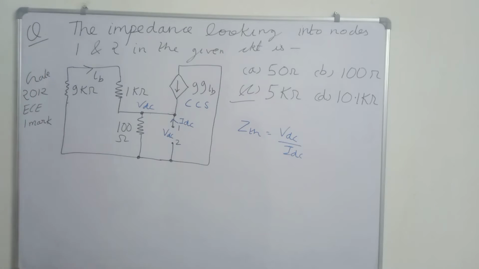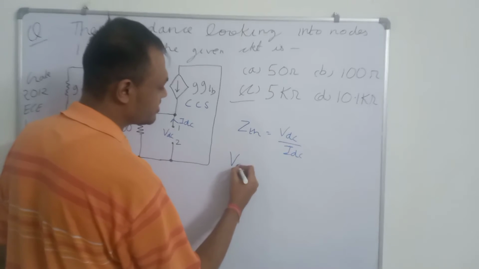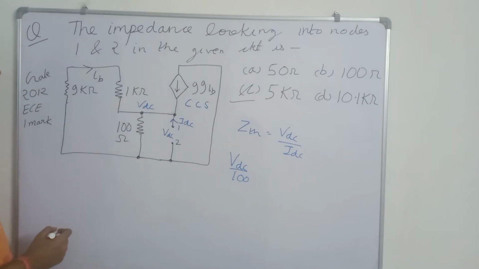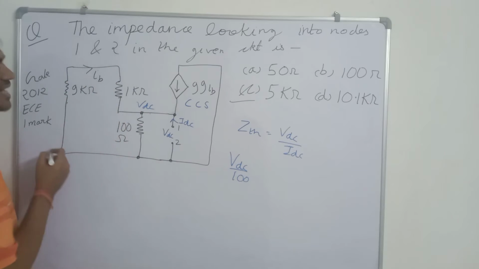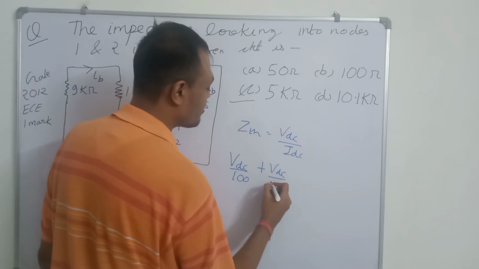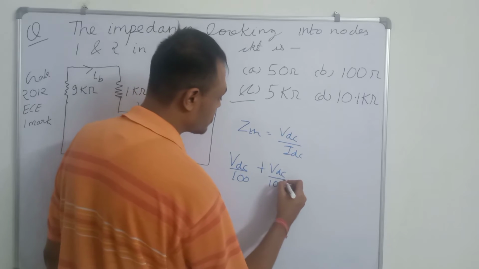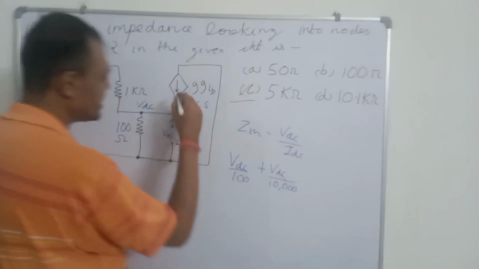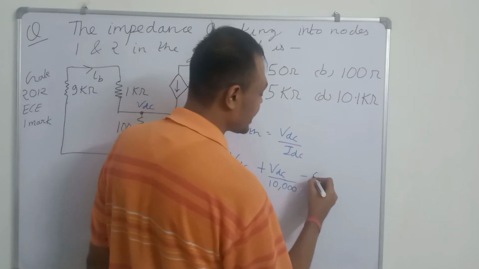So VDC is applied here, so this voltage will also be VDC. Now we can easily apply Kirchhoff's current law. This current is an outgoing current, so VDC upon 100 is the first outgoing current. Then this is the other outgoing current, VDC upon 10 kilo ohm, which I am writing as 10,000 ohms. Then this 99 IB is the incoming current, so minus 99 IB.